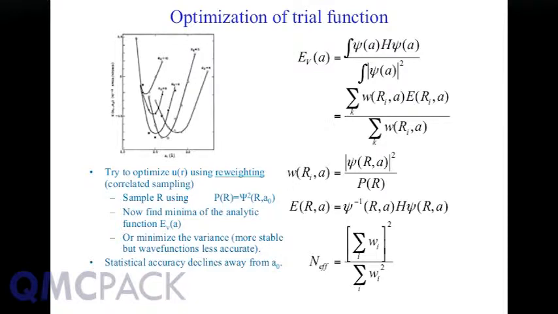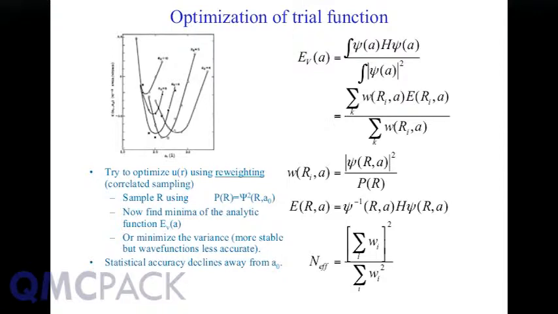And here is the variational theorem again. This is the variational energy. You sample according to some probability distribution, P of r, and then you write these two integrals as integrals over P of r, your sampling function.